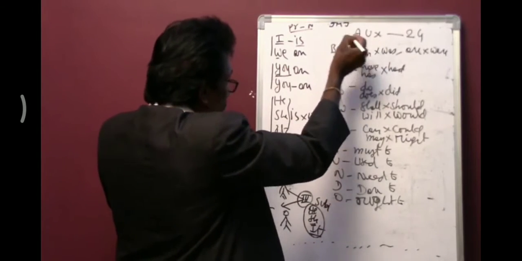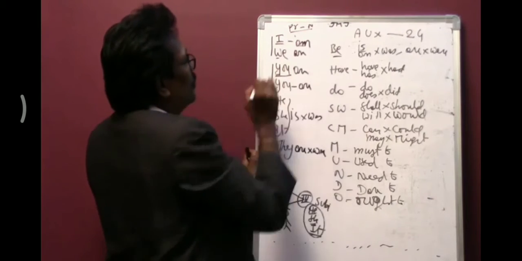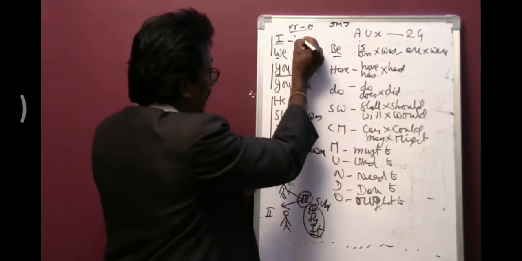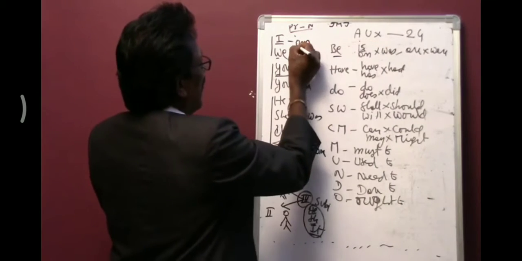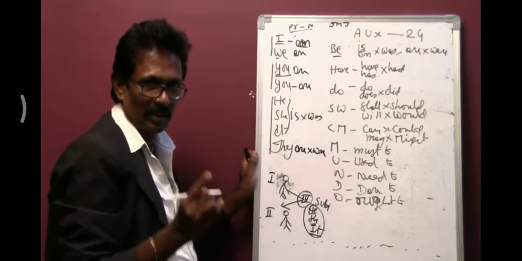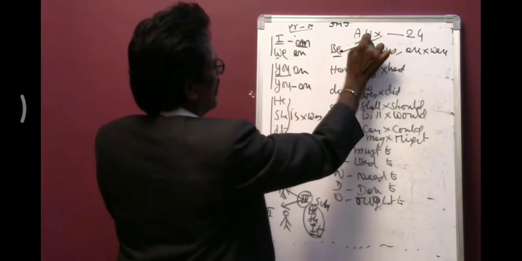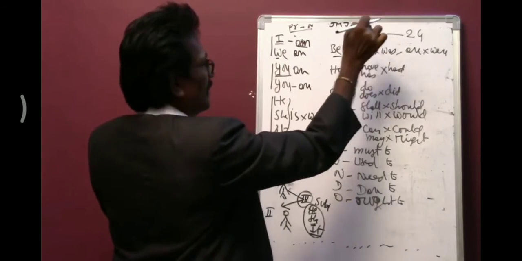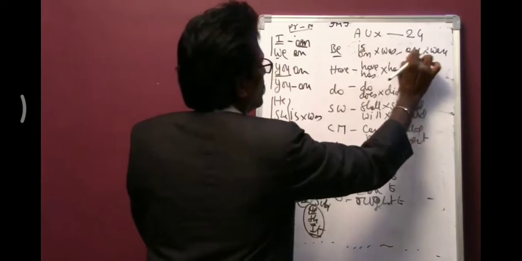So in the place of is, they created a new word called am. That is why am also becomes was, is also becomes was. Am means is only. So this is the way you have to use this one.